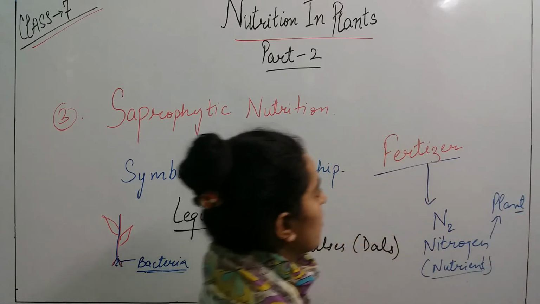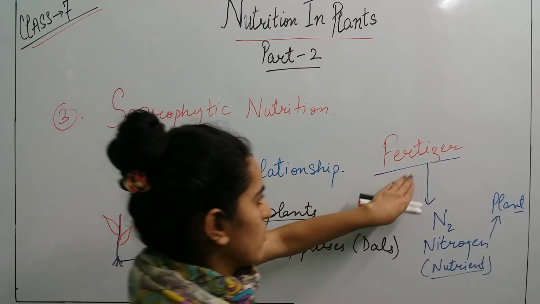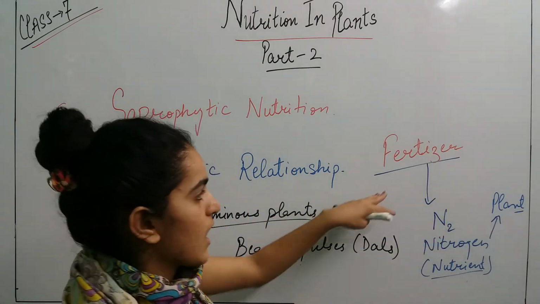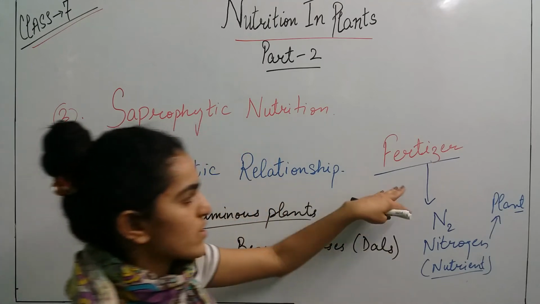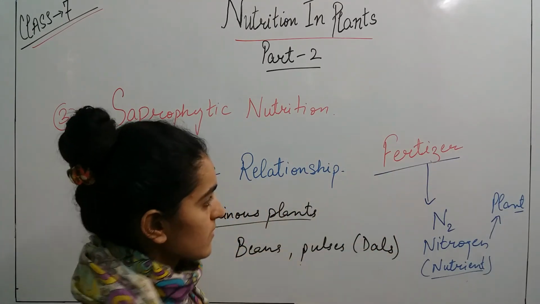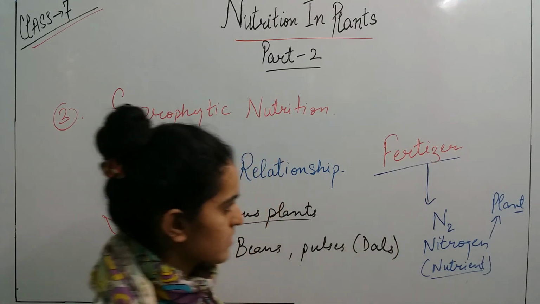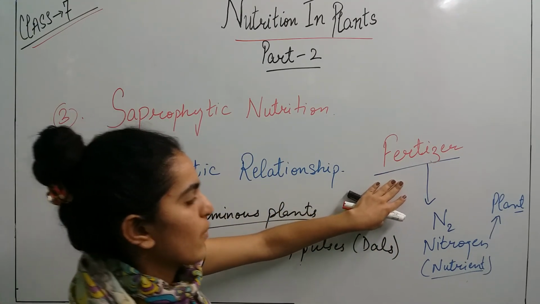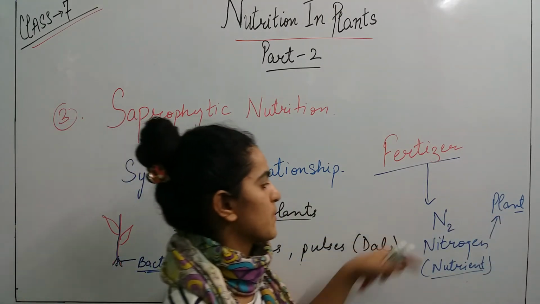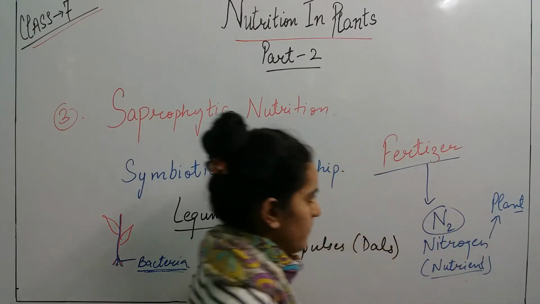I'm sure you have heard about fertilizers and manures. These are chemicals, either natural or chemical. These are used by the farmers for providing nutrients to the plant, especially nitrogen.